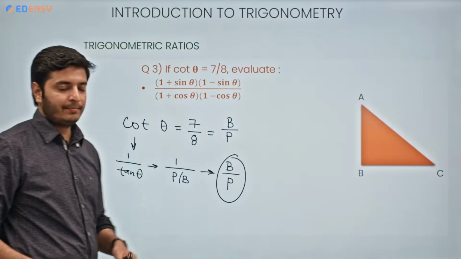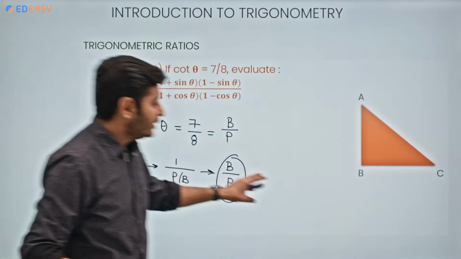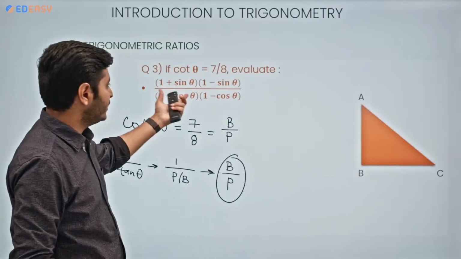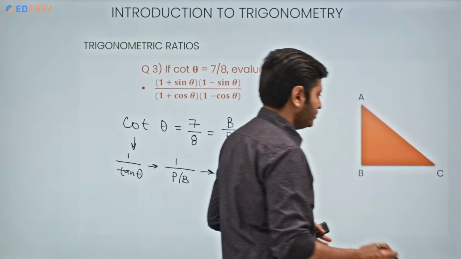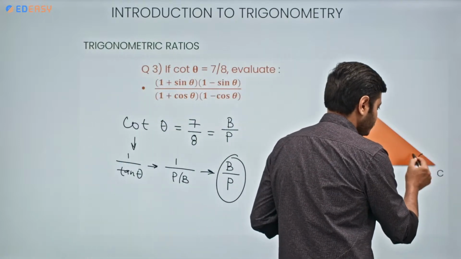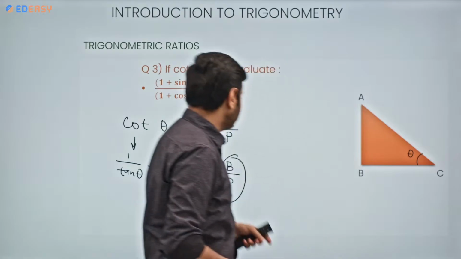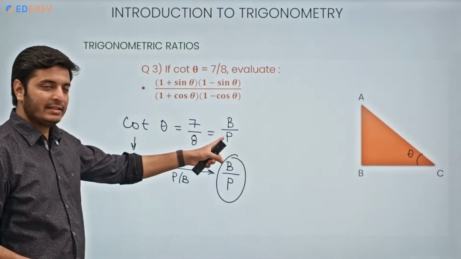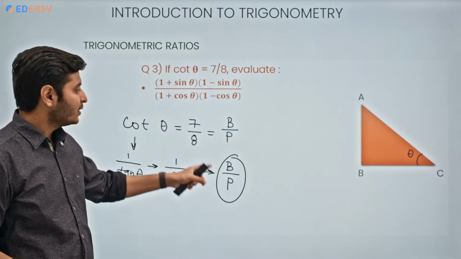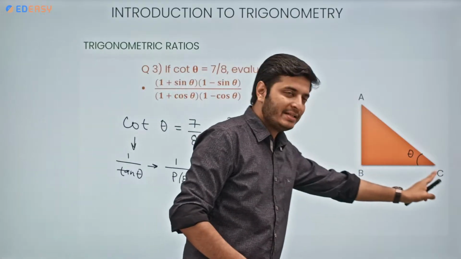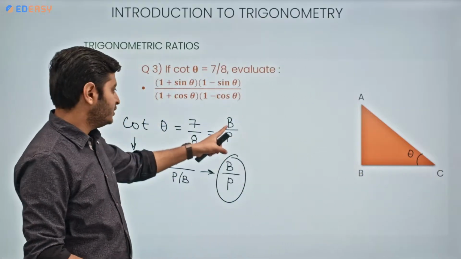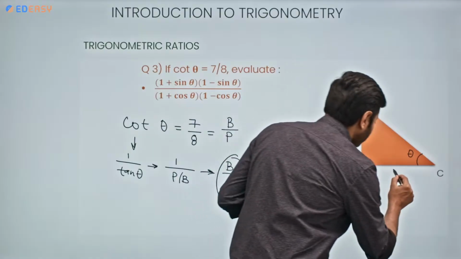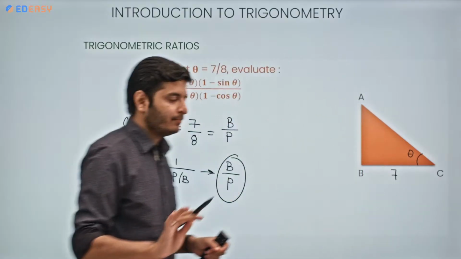The ratio that is given to us belongs to b by p. So in this triangle, first we can consider any angle to be theta. Suppose I am going with this as my theta, then we are looking for this ratio b by p. So base would be BC, the side adjacent, the value is 7, not centimeter, 7.